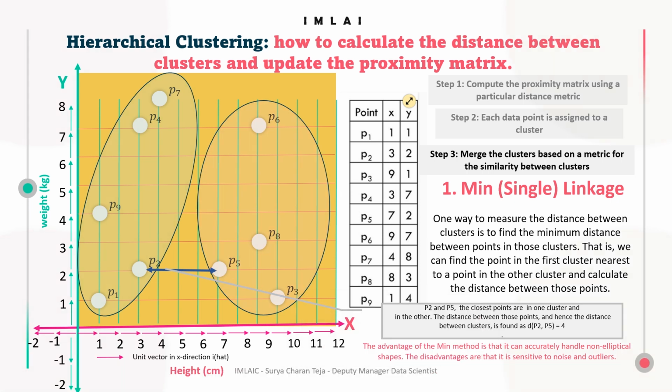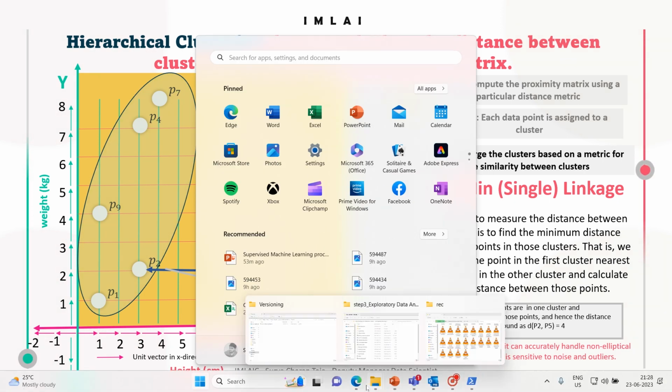To measure the distance you can use either Euclidean or Manhattan, but the approach we are using here is min linkage, where we find the points where the distance is a minimum.